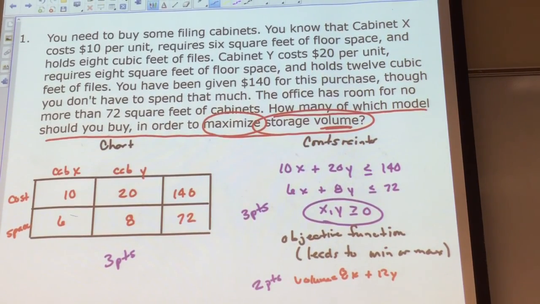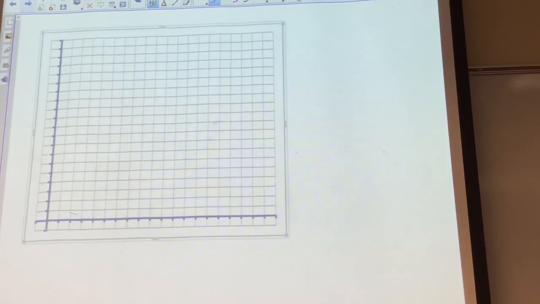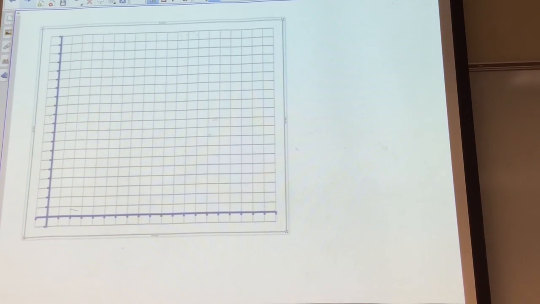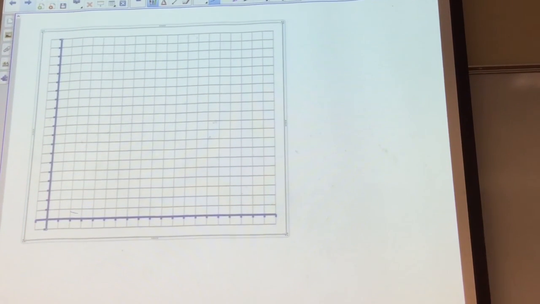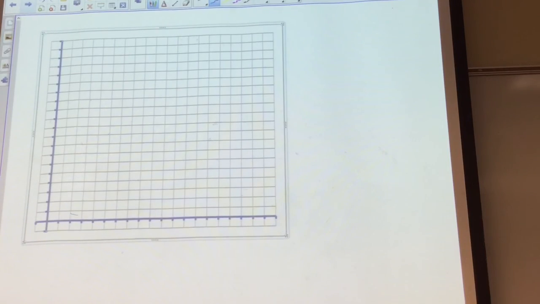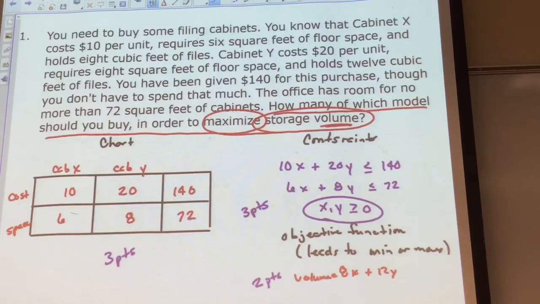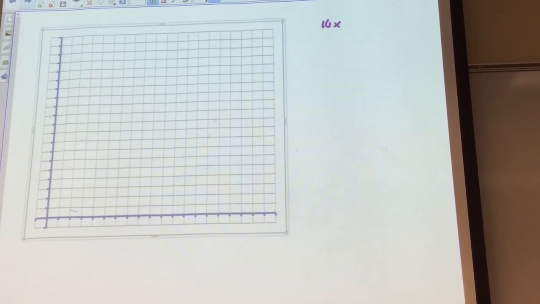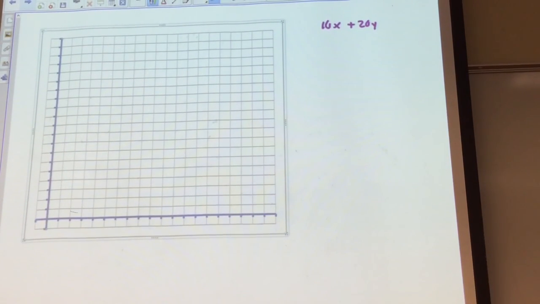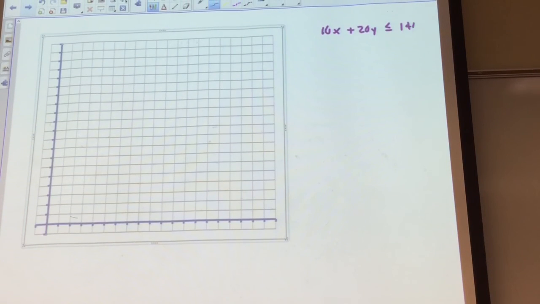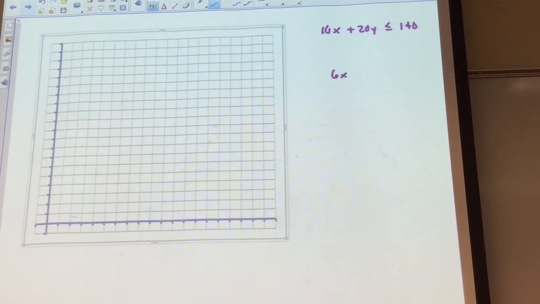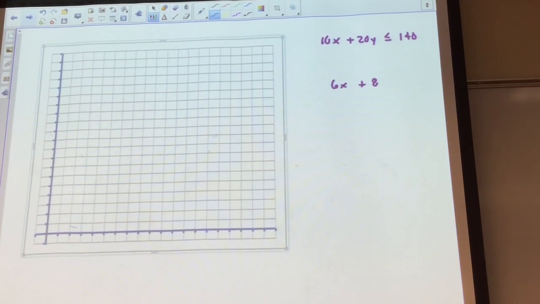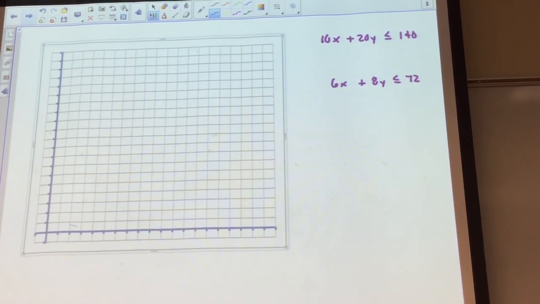And then we're going to have to go to the graph in the problem with all the supporting information. So we had a system of 10x plus 20y less than or equal to 140, and 6x plus 8y less than or equal to 72.